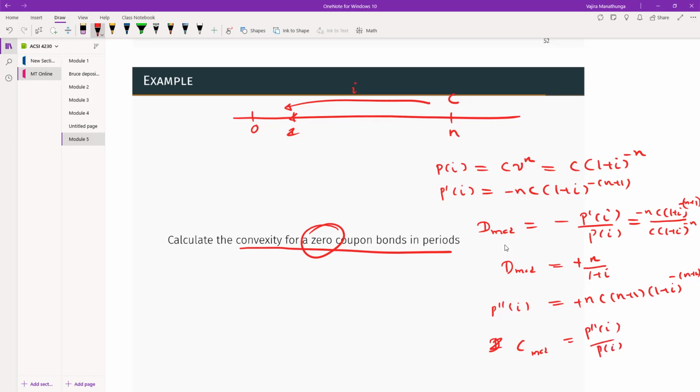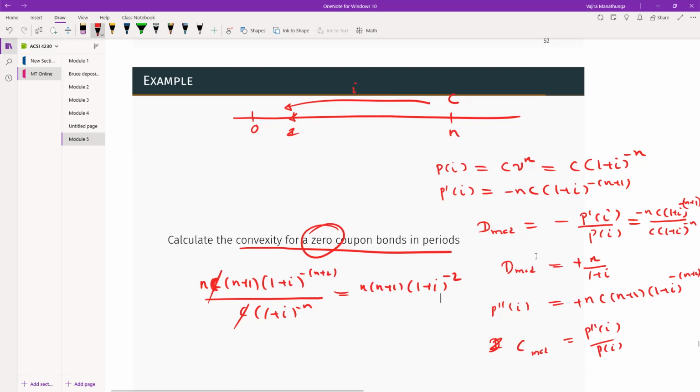So let me do the calculation here. That's going to end up as n C (n+1) times (1+i) to the negative n plus 2, divided by the price, which is C times (1+i) to the negative n. So the C's cancel out, and then you will have n times (n+1) times (1+i) to the negative 2 as the modified convexity. You can do the calculation like this.